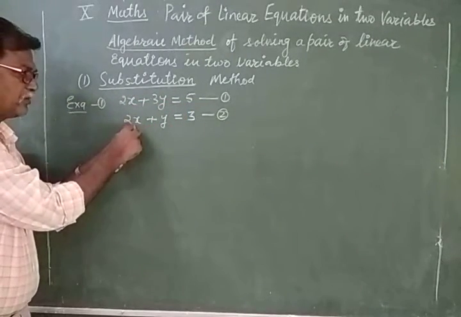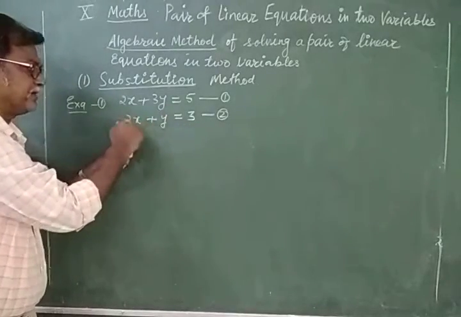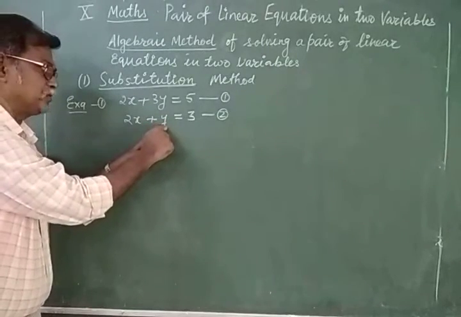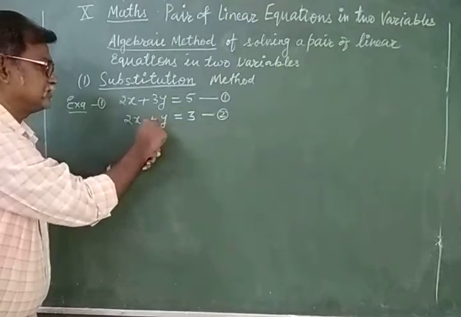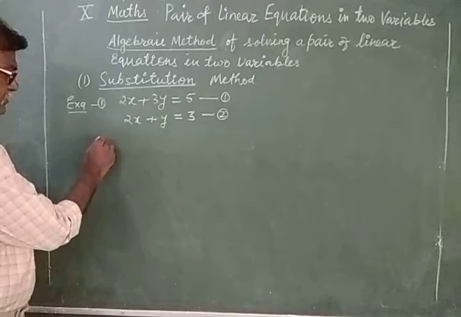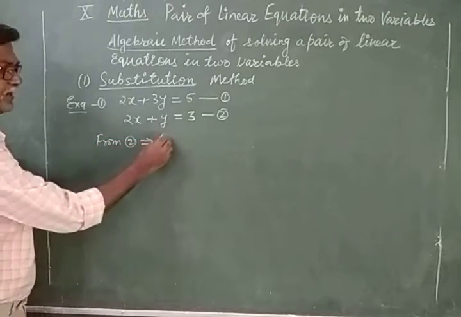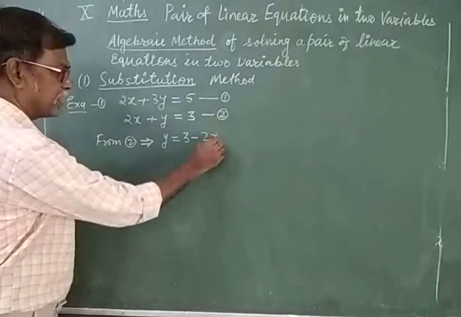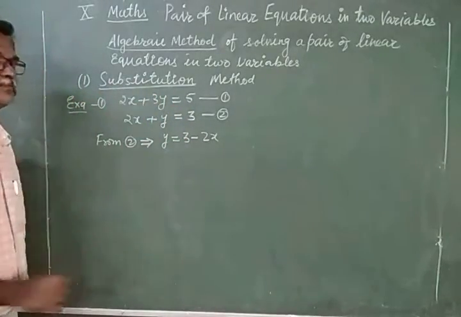But in equation 2, only y is there, so if you transfer 2x to that side, you easily get y is equal to 3 minus 2x. And now this 3 minus 2x you can easily substitute in equation 1.